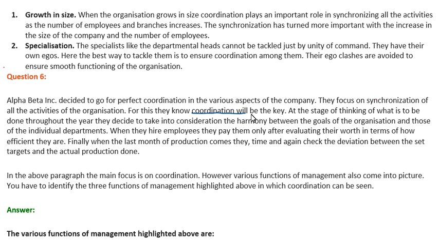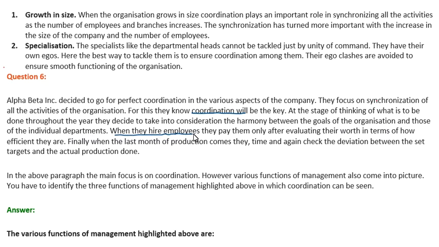Synchronization, and again the word coordination is already mentioned, so definitely this question is not about coordination. At this stage of thinking of what is to be done throughout the year, they decide to take into consideration harmony between goals of the organization and those of the individual departments.